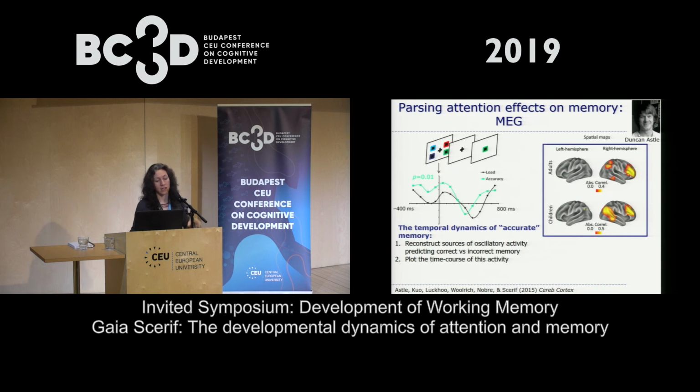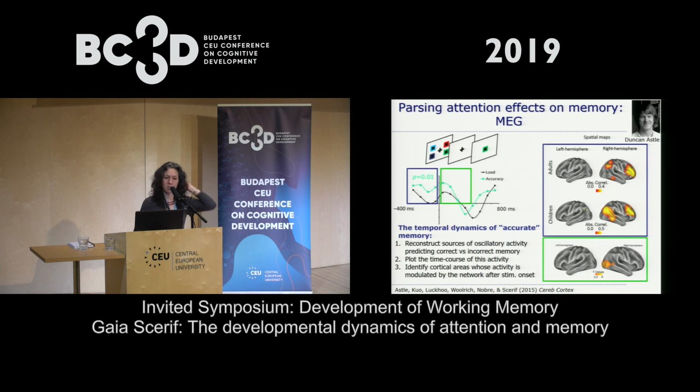predicted accurate recall. And that was also pitted against some other potential regressor like load effects. Load did not behave in the same way as the state of that attentional network at encoding, which was very, very interesting. Not only that, the state of that network predicted activation in lower level visual cortices, which is plotted here.